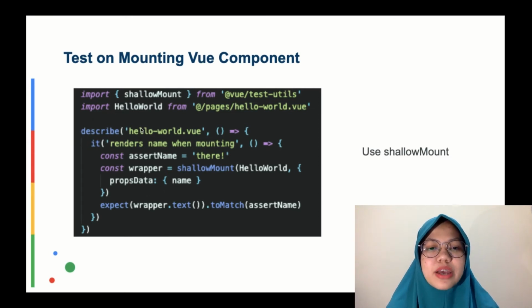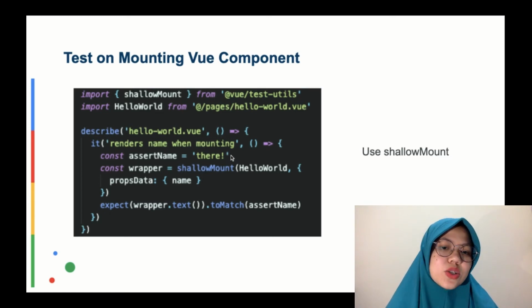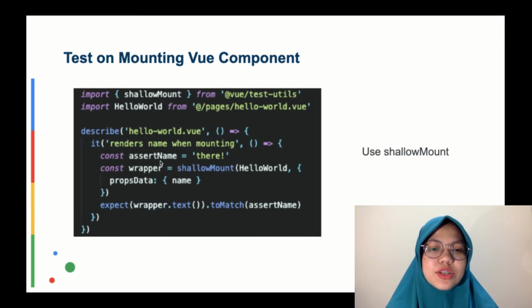So I describe the hello world and it renders name when mounting. I have a constant here, which is assert name as there, and I have a constant wrapper that uses shallow mount to get the value of name from my hello world. And then I expect that wrapper has the value of name same as assert name.